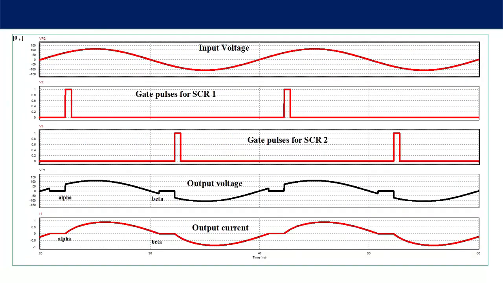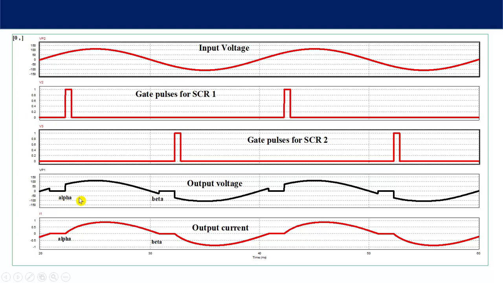So this one is our same input voltage, positive half cycle, then negative half cycle. Thyristor number 1 is triggered at alpha, thyristor number 2 is triggered at pi plus alpha. So this point is alpha.